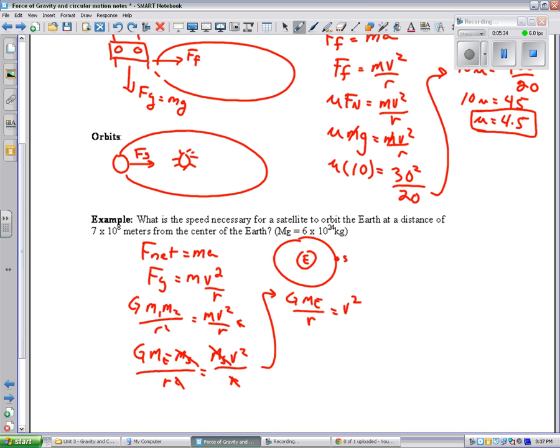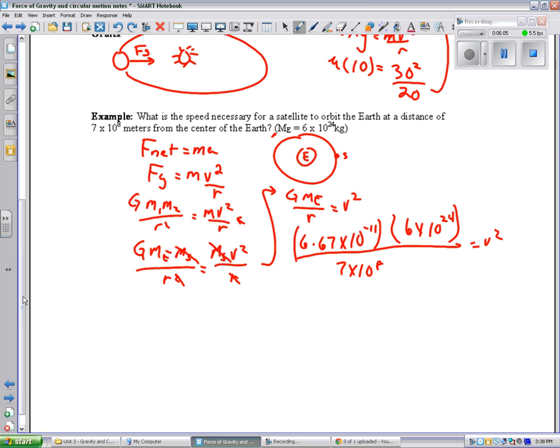And now I can start plugging some information into this. G is a constant, 6.67 times 10 to the minus 11th. The mass of the Earth we're given up here in the problem is 6 times 10 to the 24th, divided by the radius, which is 7 times 10 to the 8th, and that equals v squared.